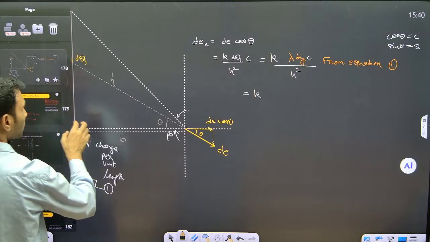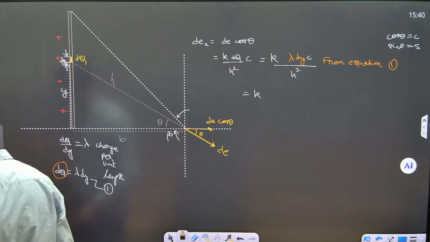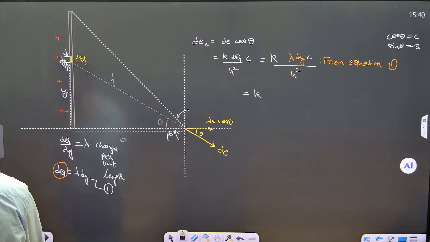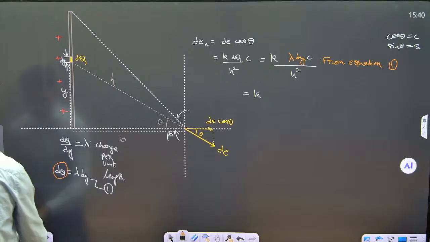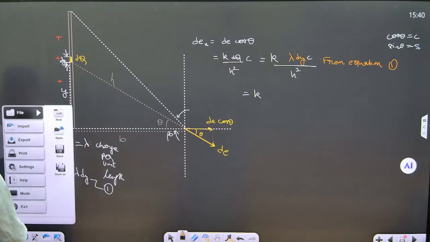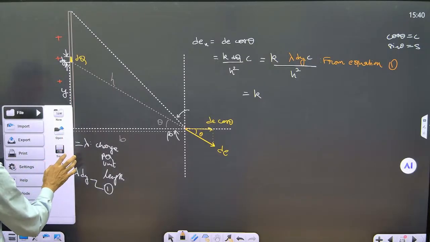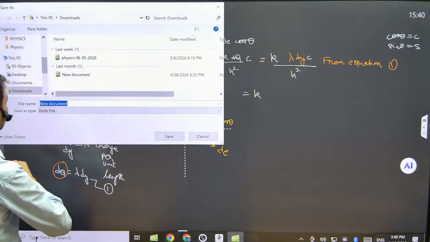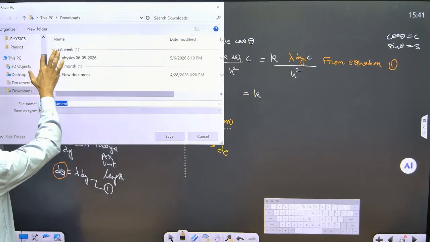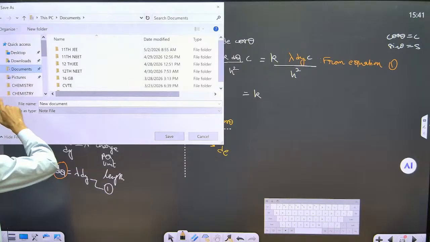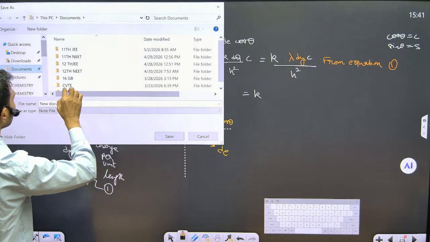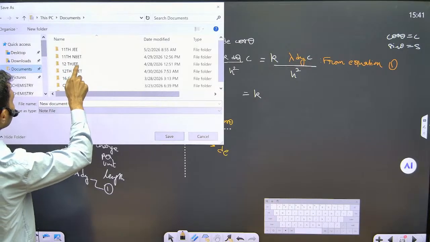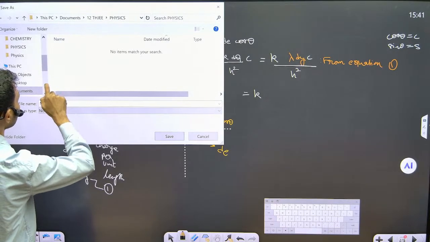Oh, the diagram is back. Let me save it first. Save as. In the documents, 12th J physics.